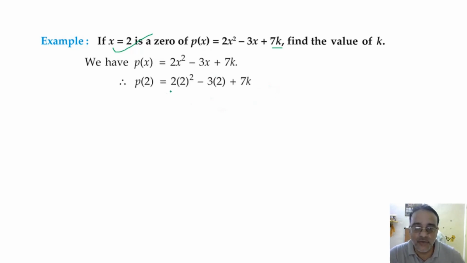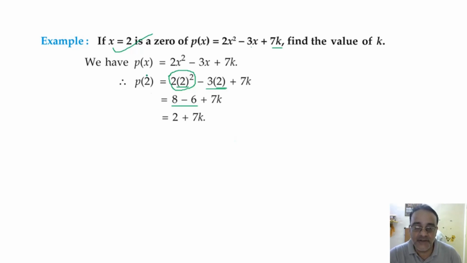To find p of 2, what do we have to do? We substitute 2 in place of x. So this will become 8 and this will be minus 6. Okay, 8 minus 6 plus 7k, and 8 minus 6 is how much? 2. So 2 plus 7k.